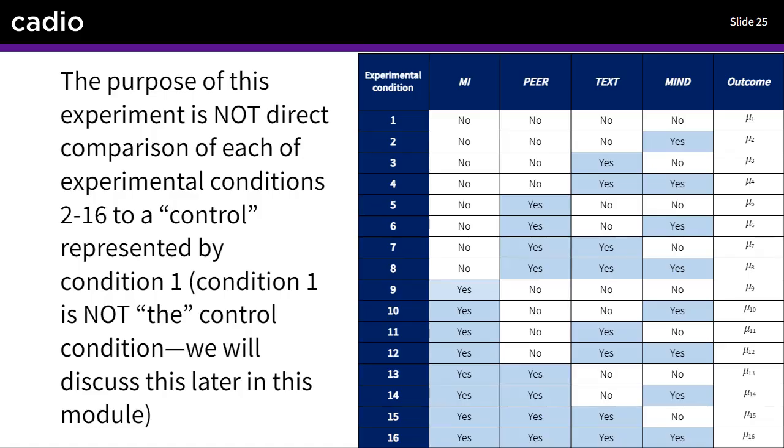In particular, in a factorial experiment, the objective is not comparison of any condition or set of conditions to a single experimental condition that is designated as the control. This means that although condition 1 looks like a traditional control condition, it does not serve as the control in the illustrated factorial design. We will discuss this at length later.